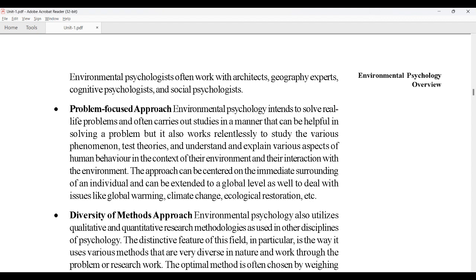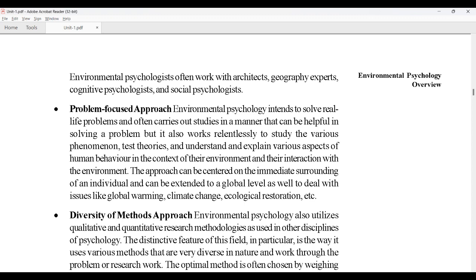The approach can be centered on the immediate surroundings of an individual and can be extended to a global level as well to deal with issues like global warming, climate change, ecological restoration, etc. Diversity of methods approach. Environmental psychology also utilizes qualitative and quantitative research methodologies as used in other disciplines of psychology. The distinctive feature of this field, in particular, is the way it uses various methods that are very diverse in nature and work through the problem or research work.